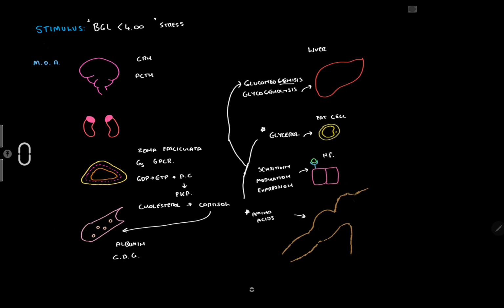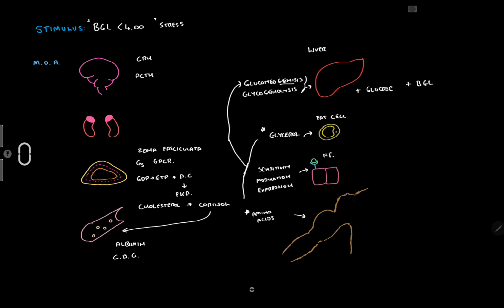So this reaction, glycerol and amino acids within the liver, is gluconeogenesis. Both of these options here are going to promote glucose, and that increases BGL.